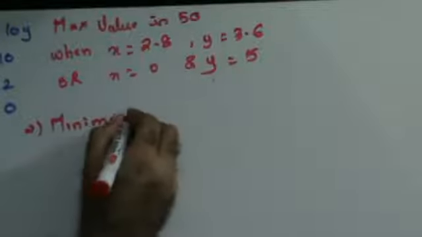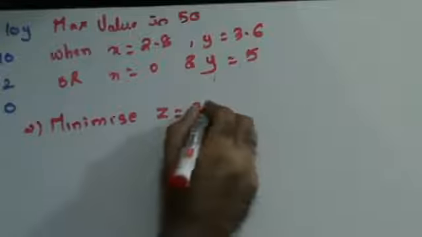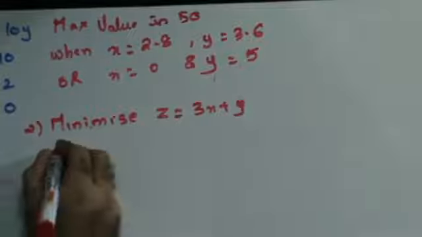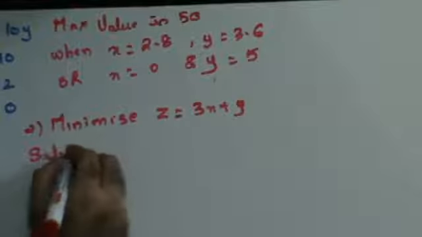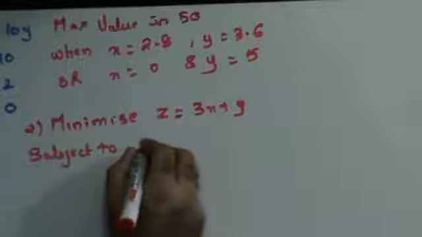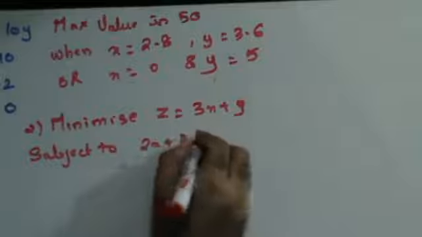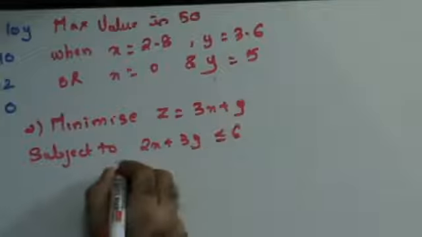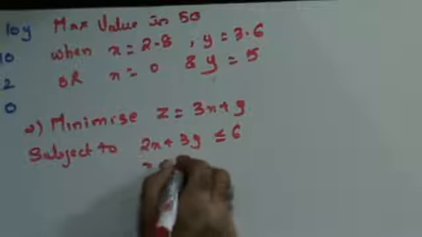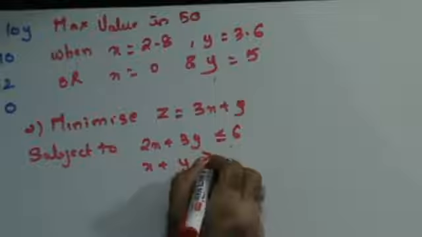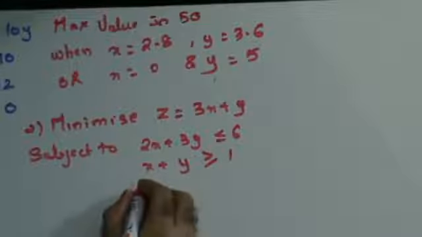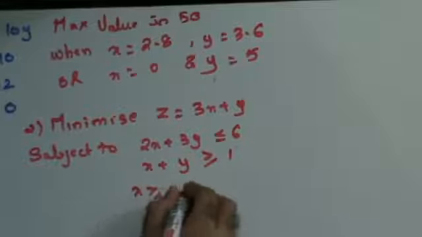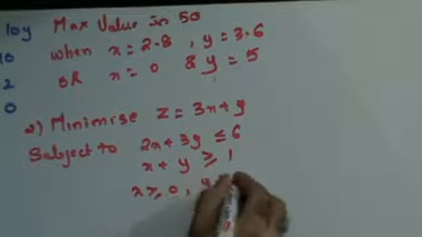Minimize z = 3x + y subject to 2x + 3y is less than or equal to 6, x + y is greater than or equal to 1, x is greater than or equal to 0, y is greater than or equal to 0.